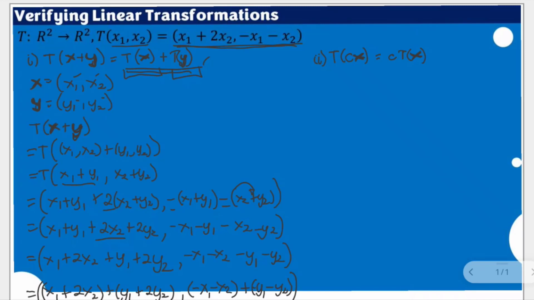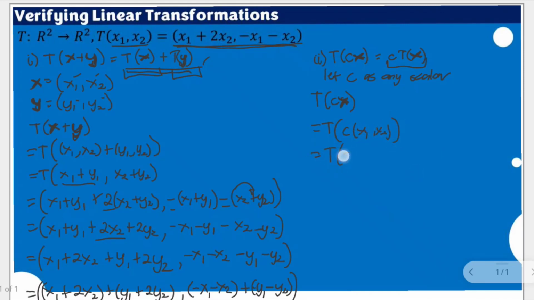Again, we're going to let C be any scalar. And with that, we can have T of C times vector x, and hopefully we could reach this point. So this would mean T of C times the components of your x vector, x sub 1 and x sub 2.